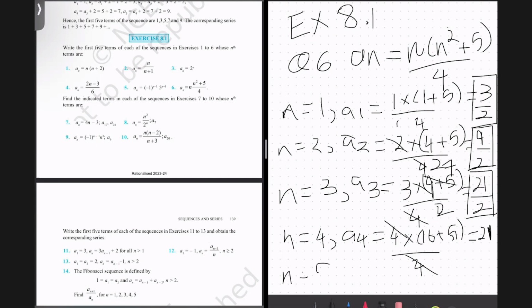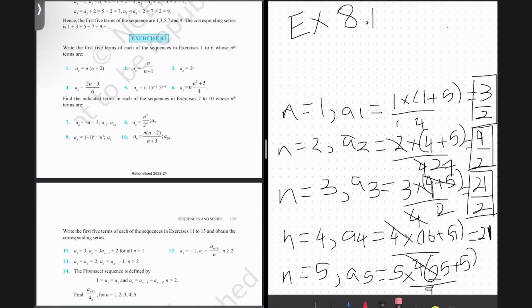For the fifth term, we have A of 5 equals 5 into 5 square, which is 25, plus 5 divided by 4, correct? Let me just rub some of the part here so I'll be able to solve it better. You can rub the rule. We know the rule, right?